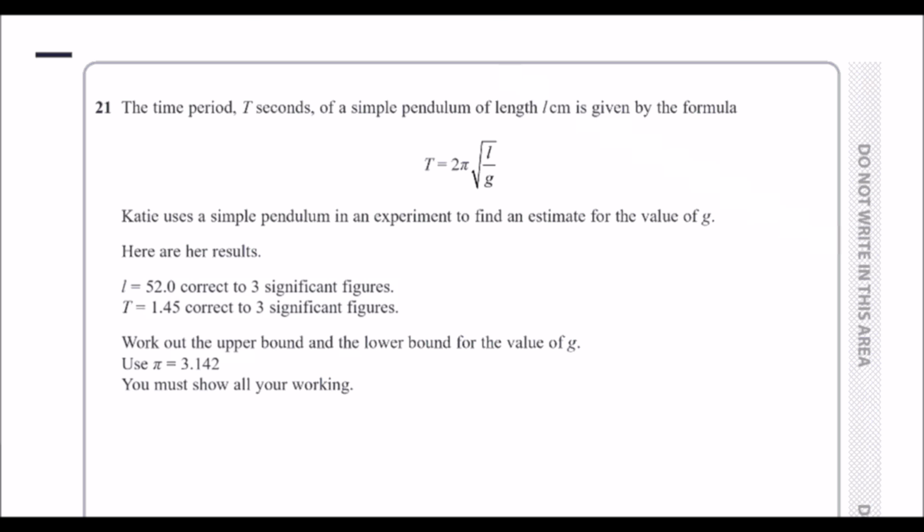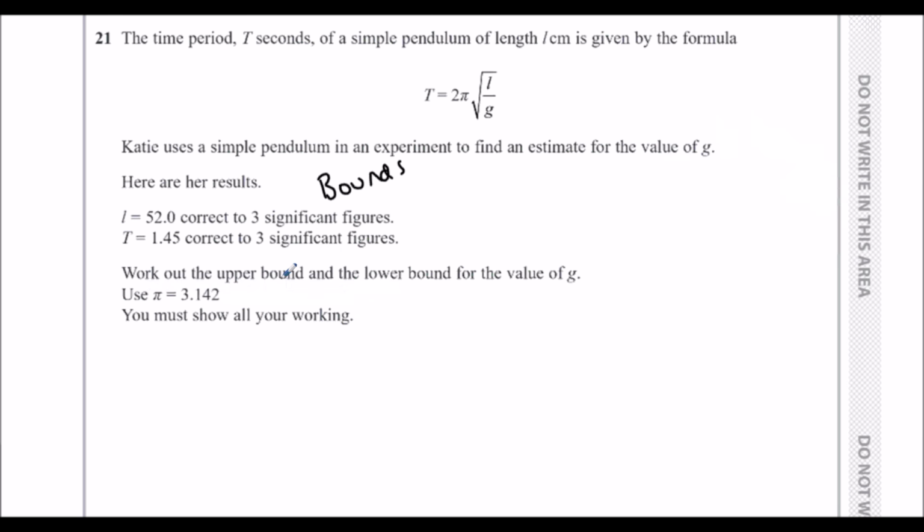So we've got L to 3 significant figures, T to 3 significant figures. So it's going to be a bounds question. Work out the upper bound and the lower bound for the value of G. Use pi as 3.142. So we're working out G, and we're going to use the bounds of L and T to do so.